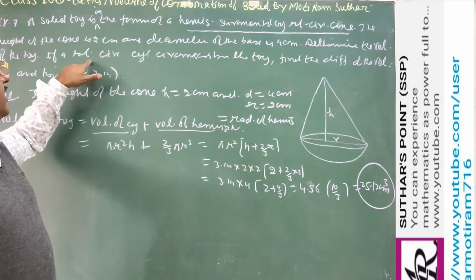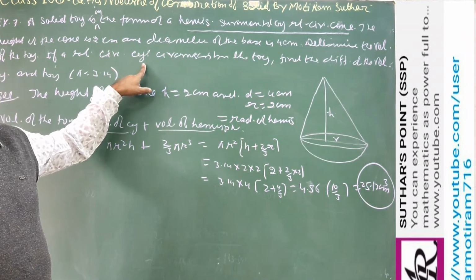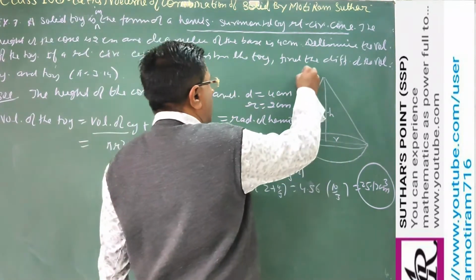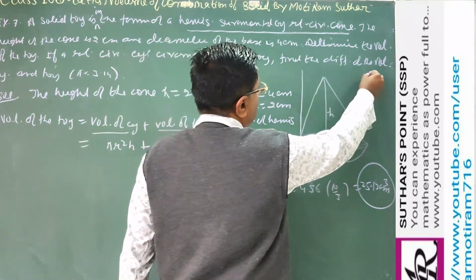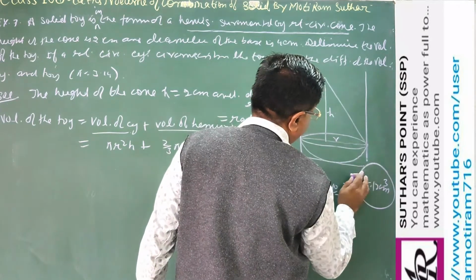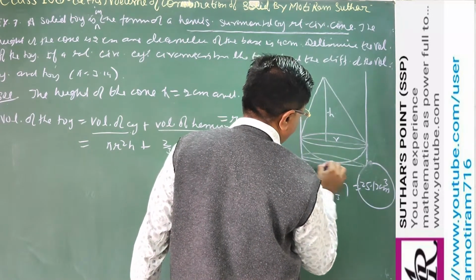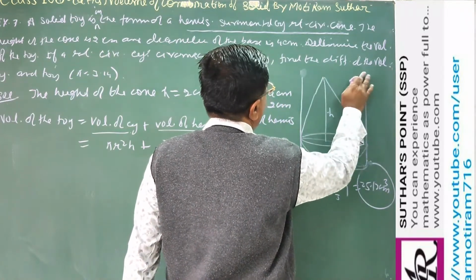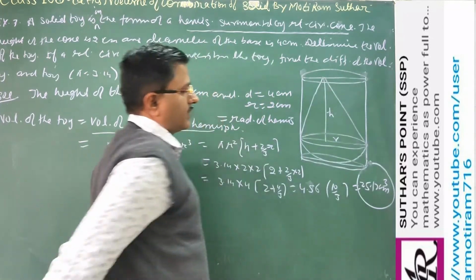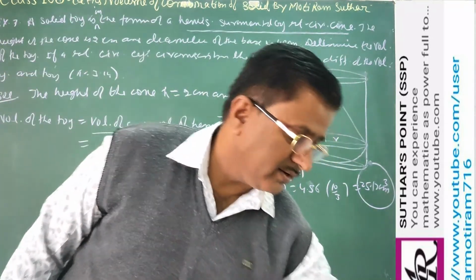If a right circular cylinder circumscribes the toy. Now we take this in a cylinder. We put this in a cylinder. This is the right circular cylinder. So what we get?